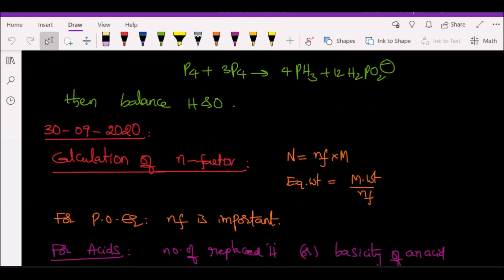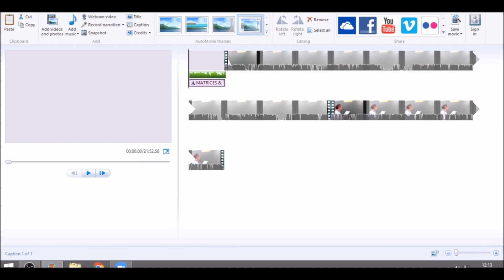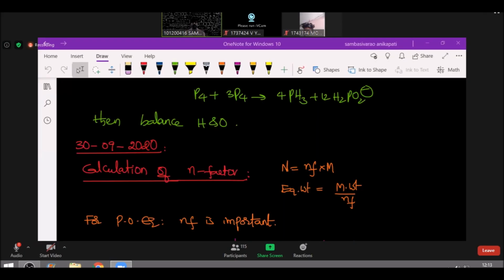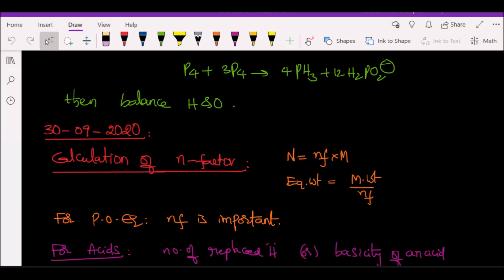From a chemistry, particularly stoichiometry, point of view, n factor is more important.